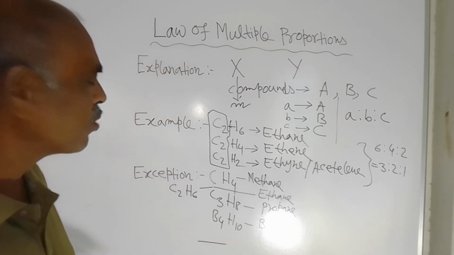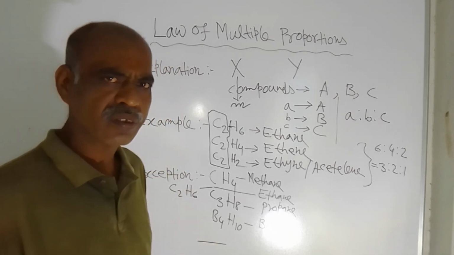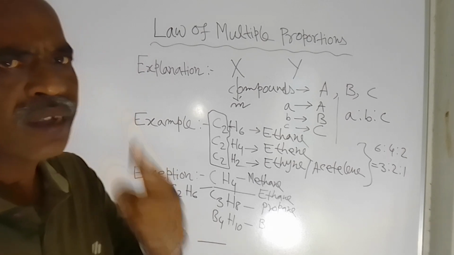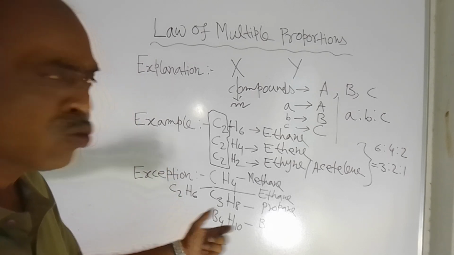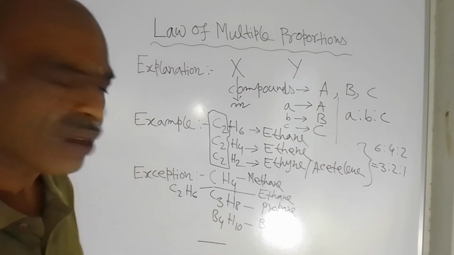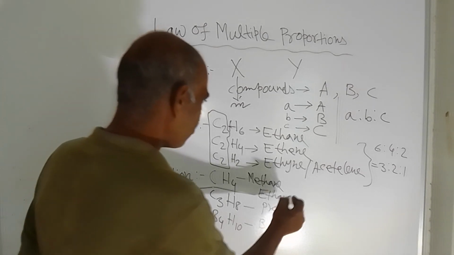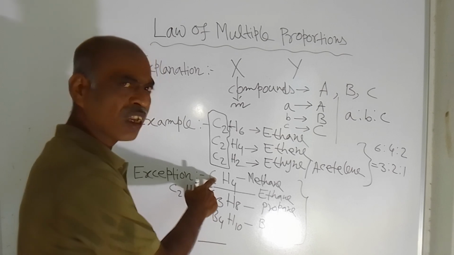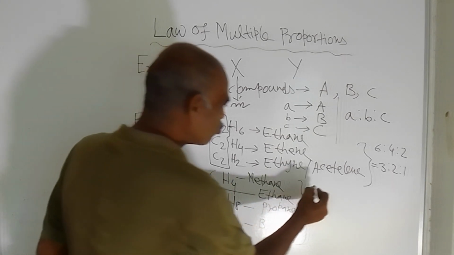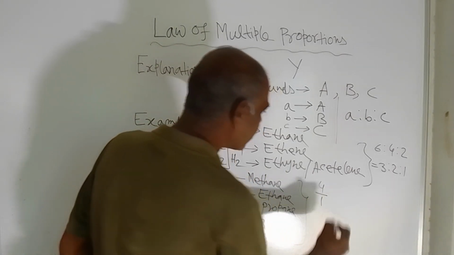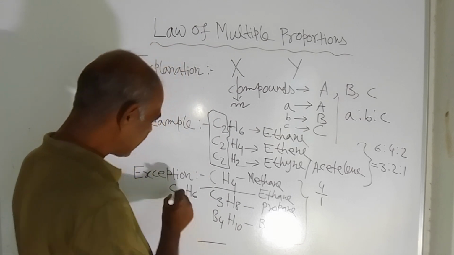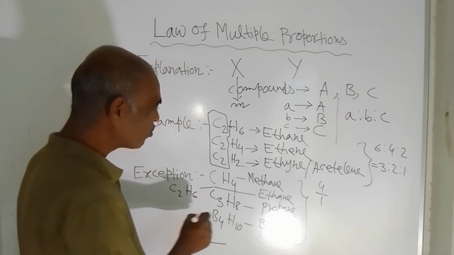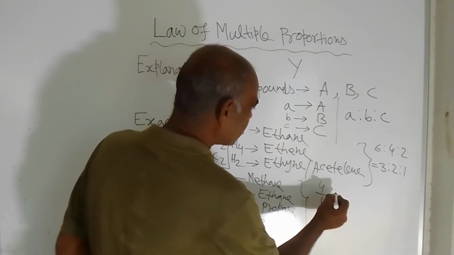So if you take a fixed mass of carbon, say we are talking about only one carbon atom, then what should be the mass ratios of the hydrogen for this case? For the first one, we are talking about only one carbon, so you should write this way, 4 divided by 1. Okay, then we are talking about ratios, then you just put this sign.